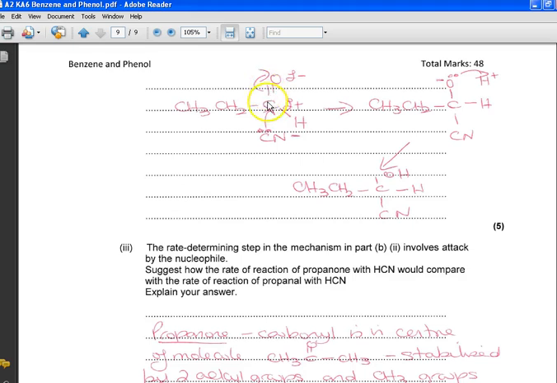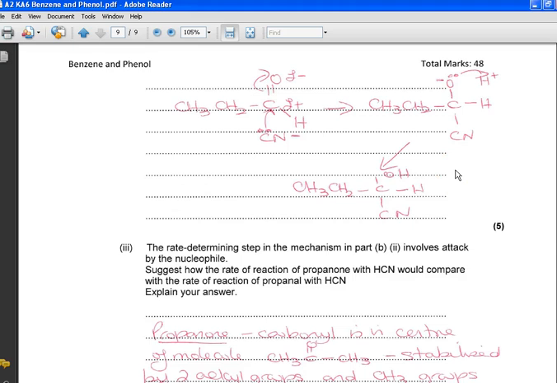Then carbon can't make 5 bonds, so the electrons in the double bond hop onto the oxygen, leaving it with a full minus charge. It's got this pair of electrons, a lone pair here. And we have H+ come in to form the alcohol. It comes generally from water or acid. Okay, so there's your final product.